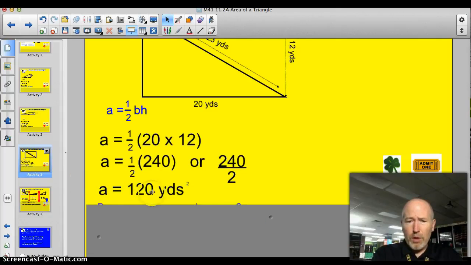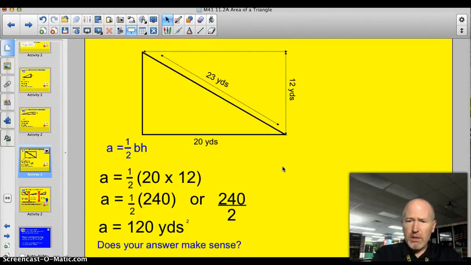Half of 240 is 120 yards, or 240 divided by 2, same thing, 120 yards. And does your answer make sense? Yeah, it does, because 20 times 12 would be 240 for this entire rectangle, and the triangle, of course, would be half.